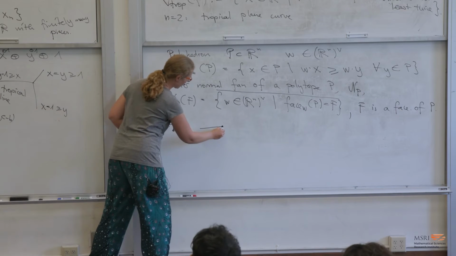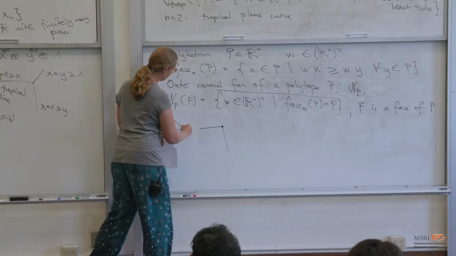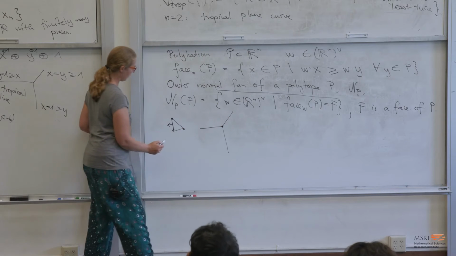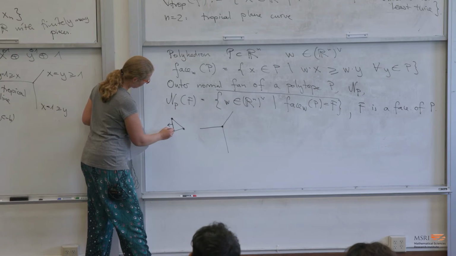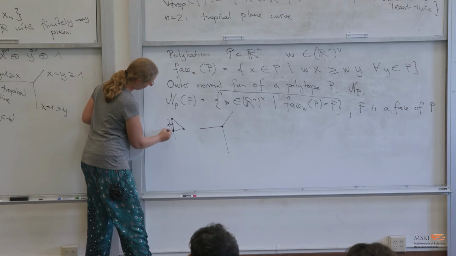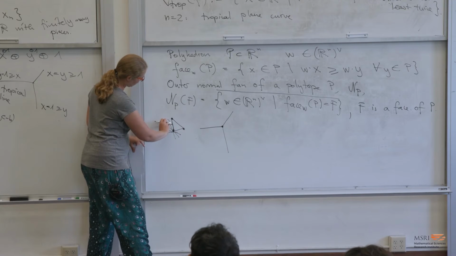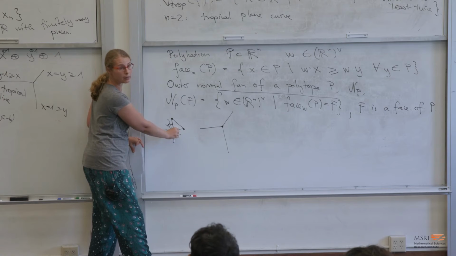For this face, analogously, I'm getting a downwards ray. For this face, I'm getting this ray. Then if I want to maximize the vertex, I have to take any hyperplane with a normal vector that is not quite this and not quite this, right? Everyone inside here works.